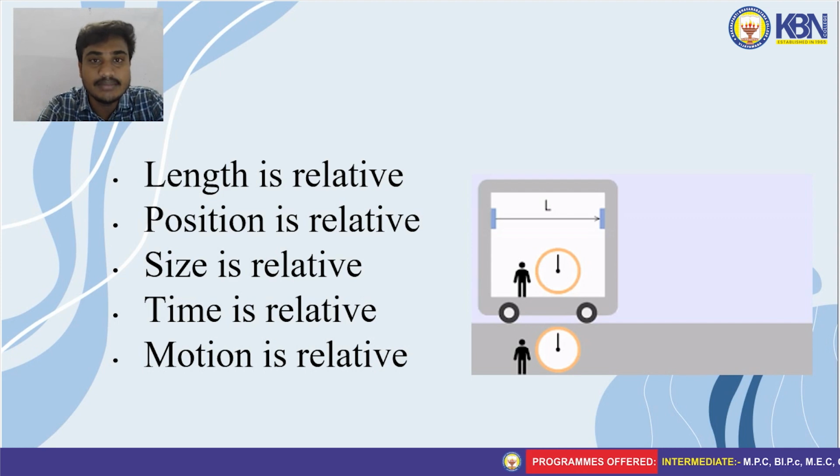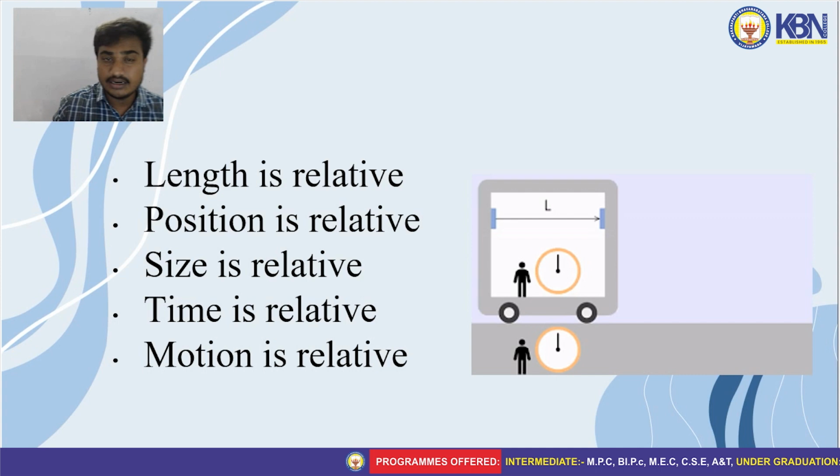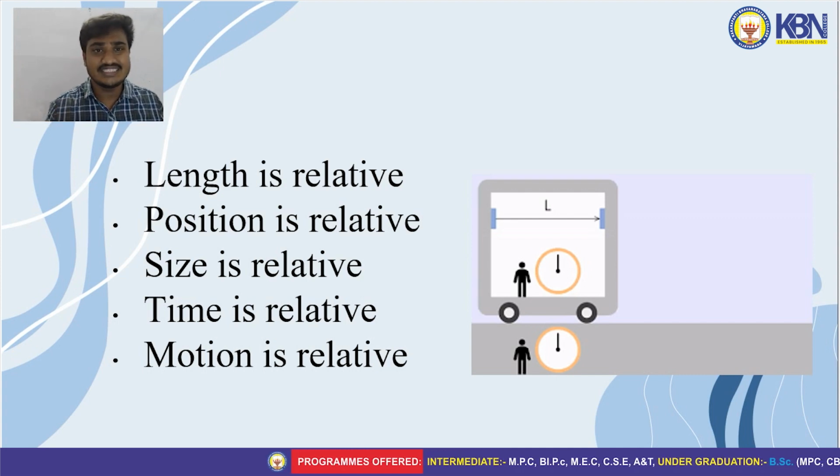Then coming to motion, consider a train moving at 60 km/h.